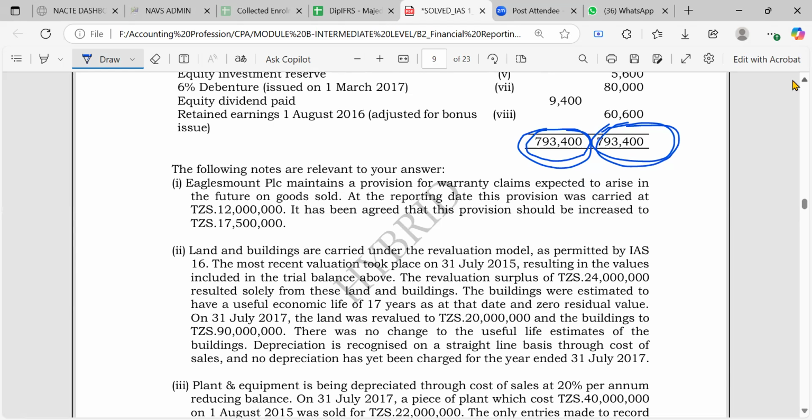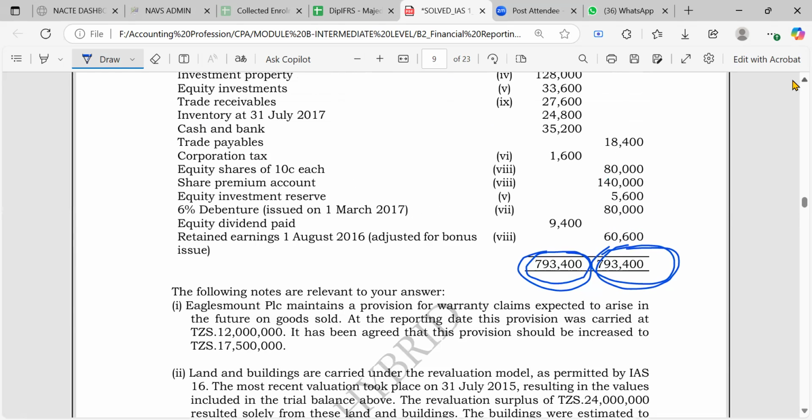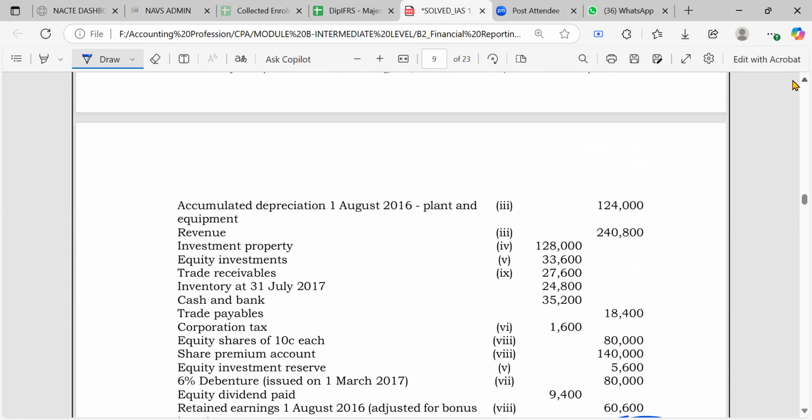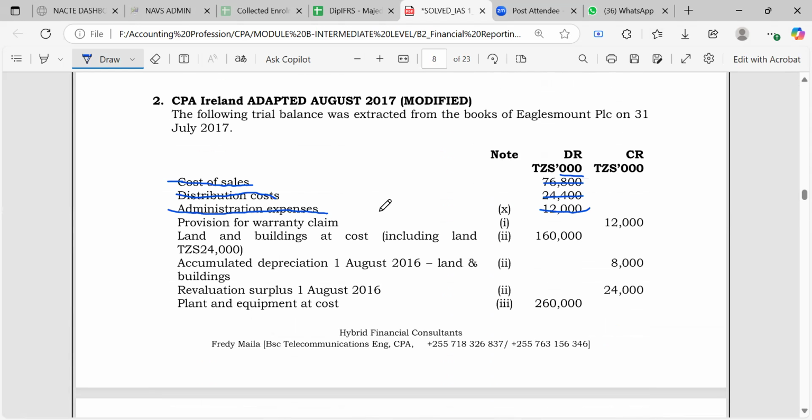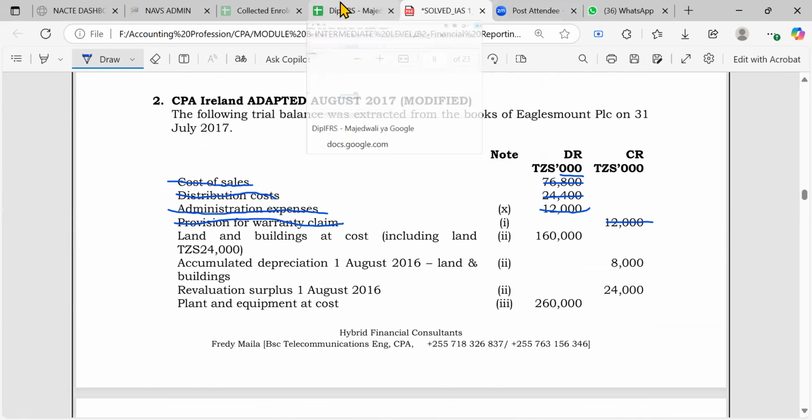So the provision is of uncertain timing or amount. Even the amount is uncertain, so we usually remeasure it at the end of each period. This figure had not been adjusted, but we have been provided with a revised figure. In the trial balance, I already had a provision of 12,000.